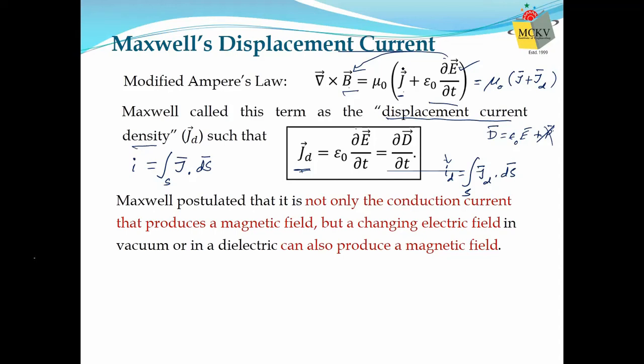It is called displacement current only in the sense that, like normal current, it can also produce magnetic field. That is the only reason. The main thing we need to understand is that the rate of change of electric field can produce magnetic field.